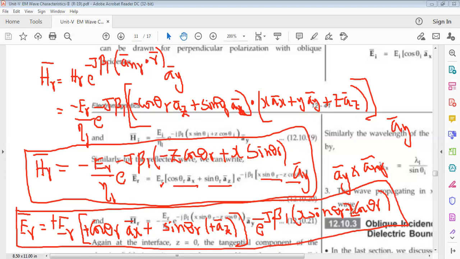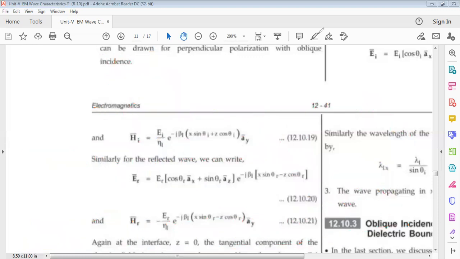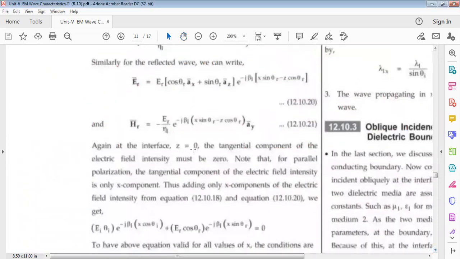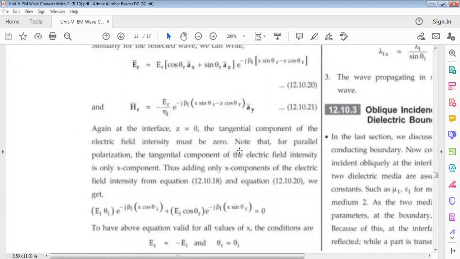So we got the H_r and the E_r. Previously we got the E_i and the H_i, in vertical polarization. Again, at the interface z equals 0, the tangential component of electric field intensity must be 0.